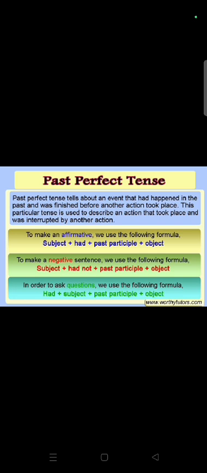To make an affirmative sentence, we use subject plus had plus past participle plus object. To make a negative sentence, we use subject plus had plus not plus past participle plus object. In question sentences, we use had in the start plus subject plus past participle plus object.